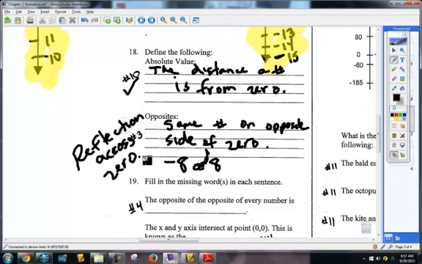Read it to me. The negative form of a positive number and the positive form of a negative. Perfect. Opposites are the positive and negative. Mine says opposites are the same number on the opposite side. Good.